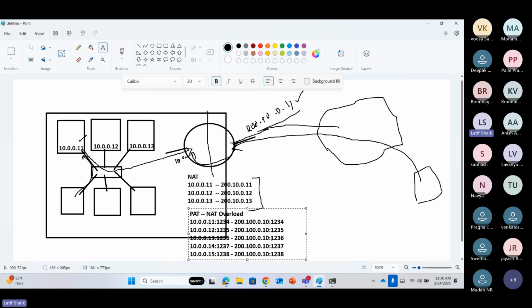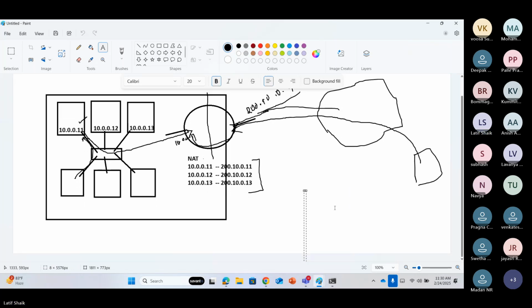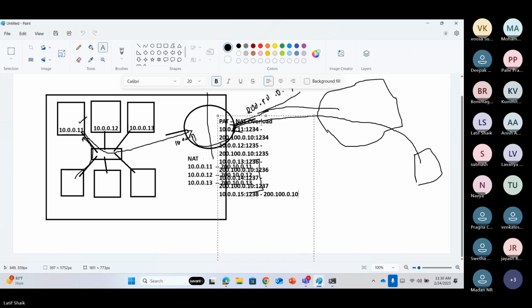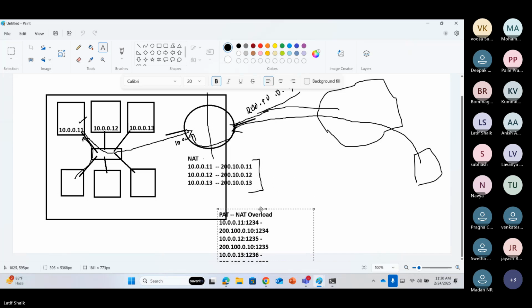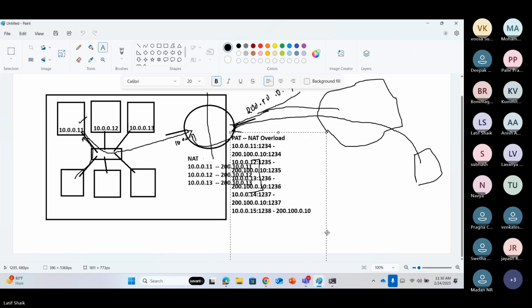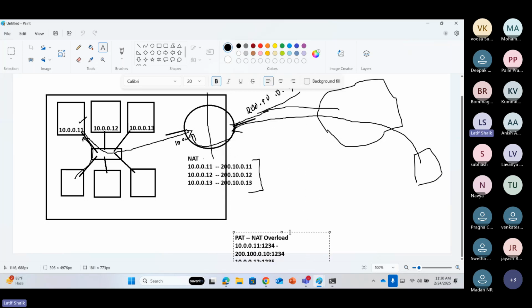Finally, I'm done. Something is happening. That entire table has gone.